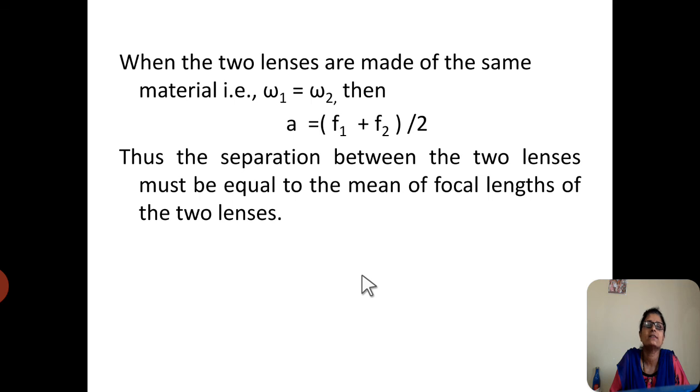When two lenses are made of the same material, omega 1 is equal to omega 2. Then the distance between the two lenses becomes the mean of the focal lengths of the two lenses, that is a is equal to f1 plus f2 divided by 2. Thus, the separation between the two lenses must be equal to the mean focal length of the two lenses.